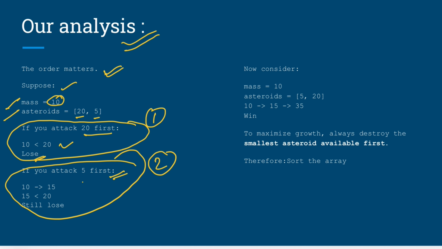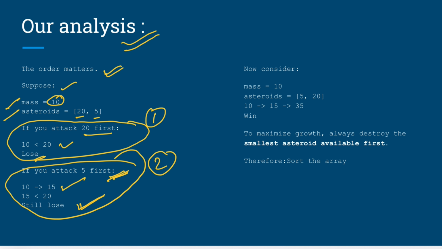When you attack 5, 10 is greater, so the 5 will be destroyed by the 10, and the mass becomes 15. Now 15 is less than 20, so we will still lose.